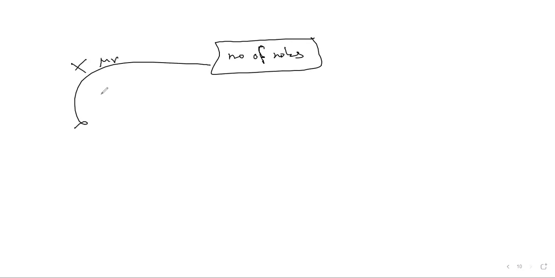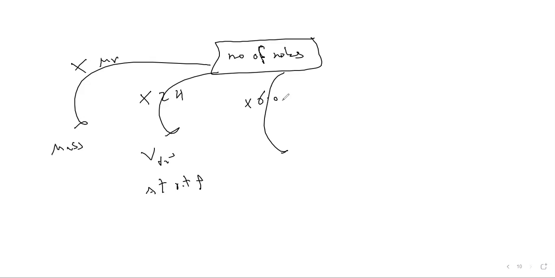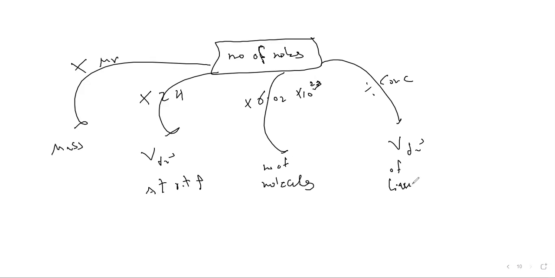After that, if you have the number of moles, multiplied by molar mass you get the mass, multiplied by 24 you get the volume in decimeter cubed at RTP, multiplied by 6.02 times 10 power 23 you get the number of molecules, over concentration you get the volume in decimeter cubed of liquid, and over volume in decimeter cubed you get the concentration of liquid.